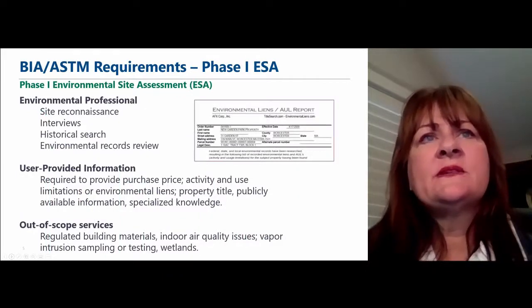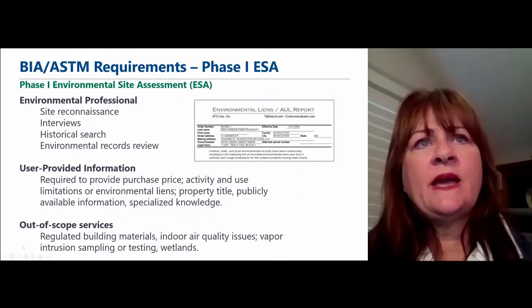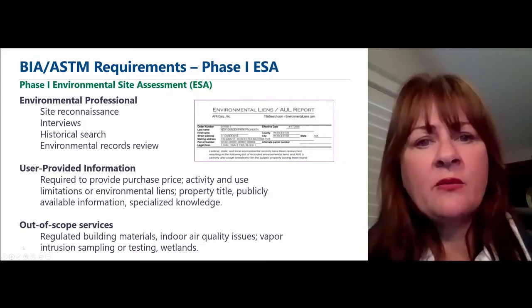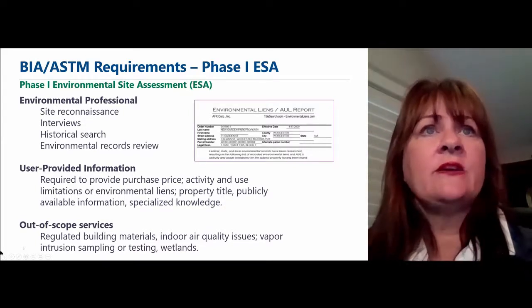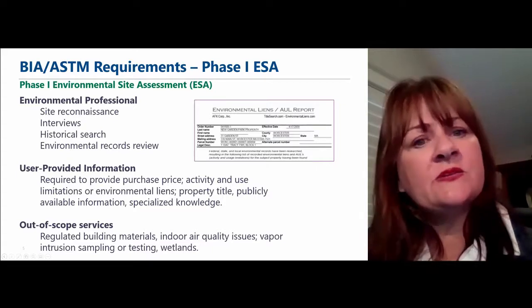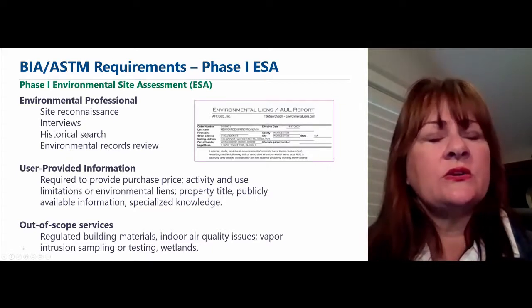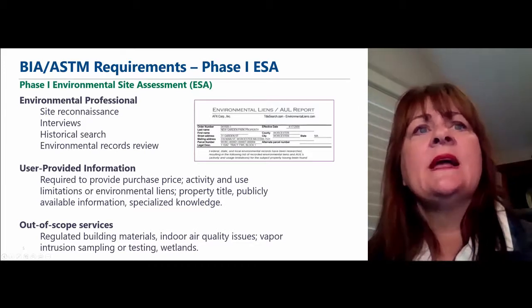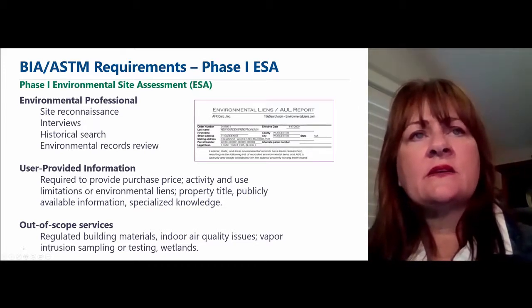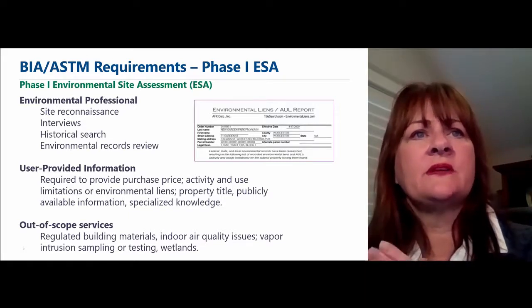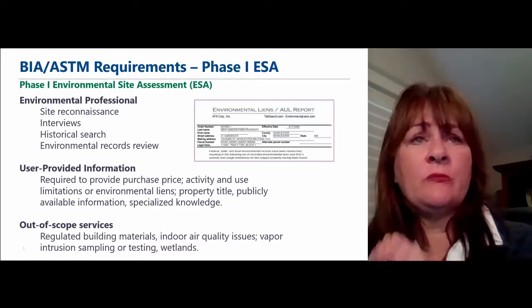There are definitely some similarities in the BIA's process and the ASTM requirements for Phase 1 ESA. Again, the BIA requires that Phase 1s be completed in accordance with the ASTM standards. And the Phase 1 ESA really is composed of some basic components.